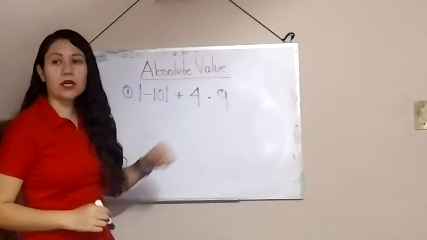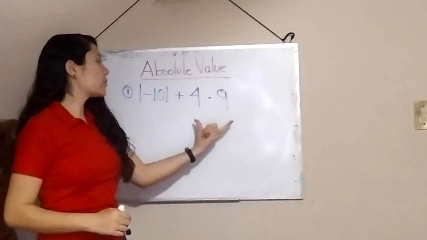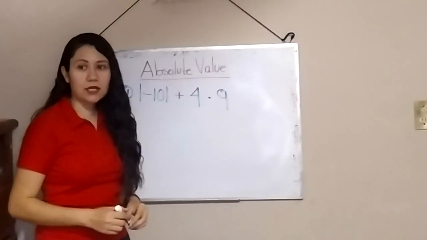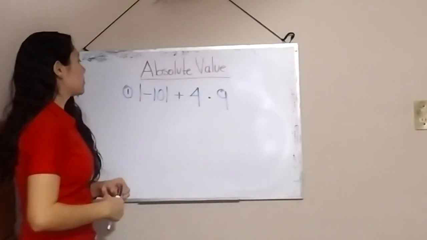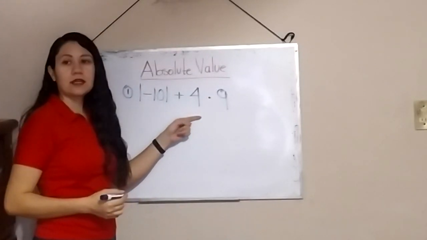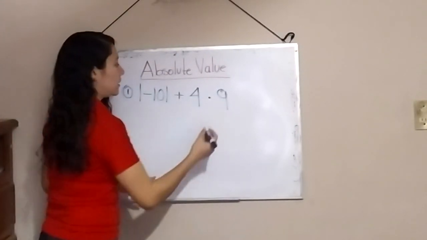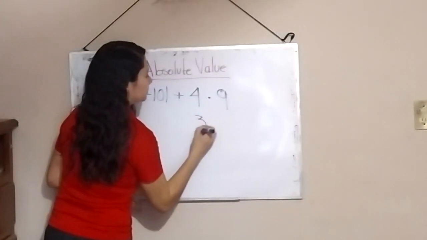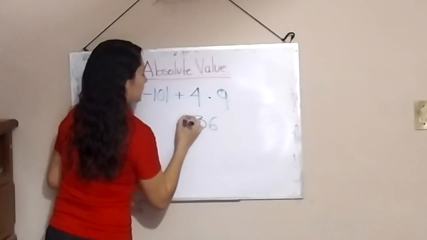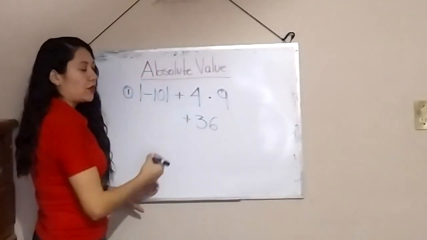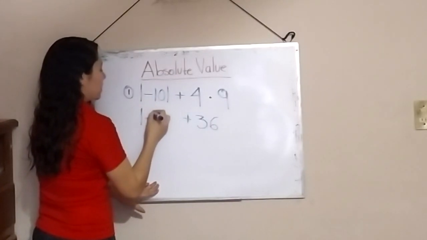The first operation we are going to perform is the multiplication. So we have 4 times 9 is 36. And we leave the rest of the operation without modifications.